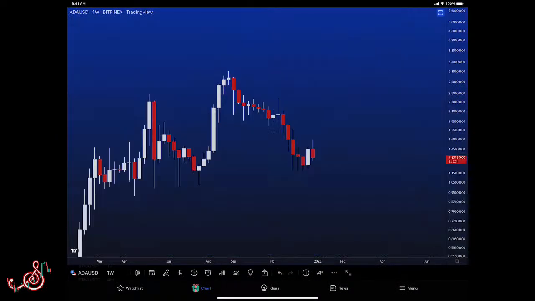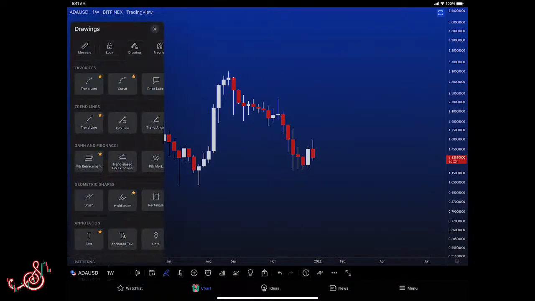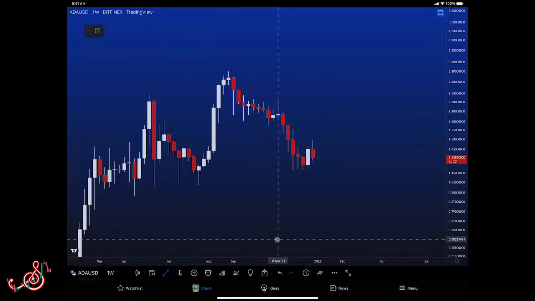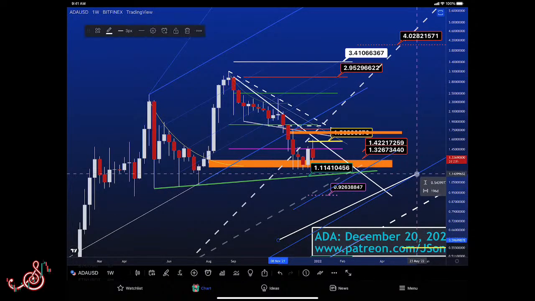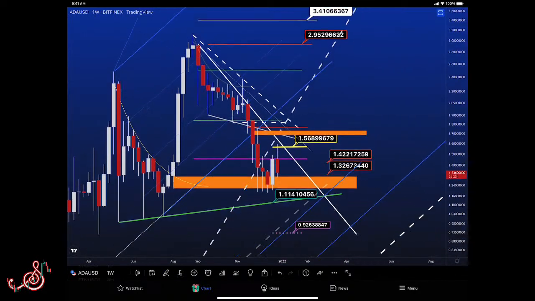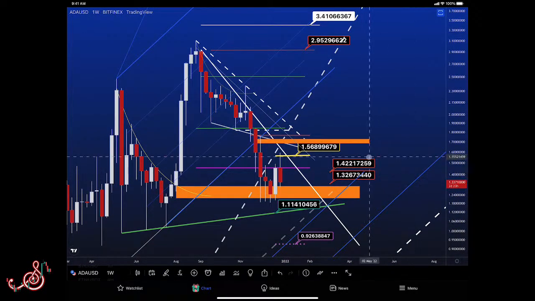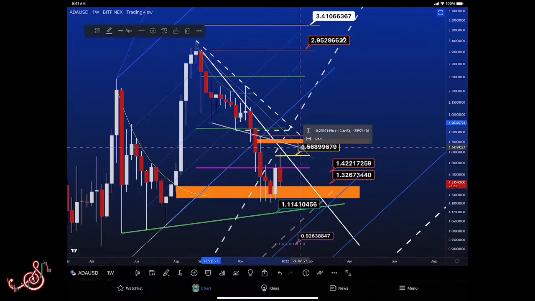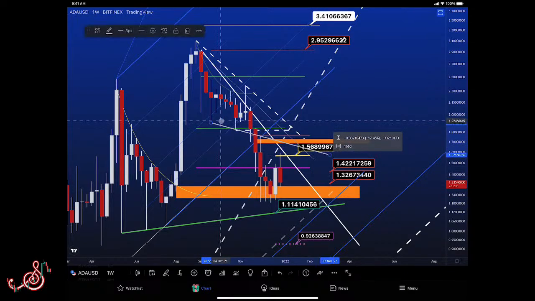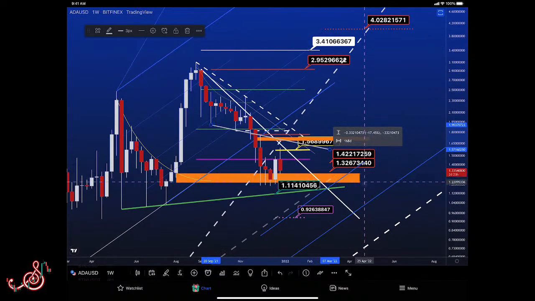Okay. And turn back all my lines. There's a few resistance areas that we're looking at, these resistance as well. I have quite a bit of lines on here, but I'm going to show you guys what's most important in just a moment.